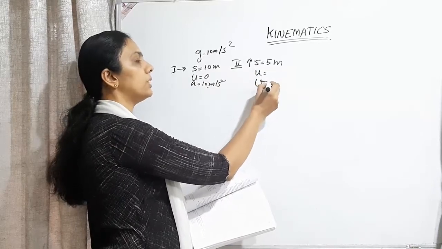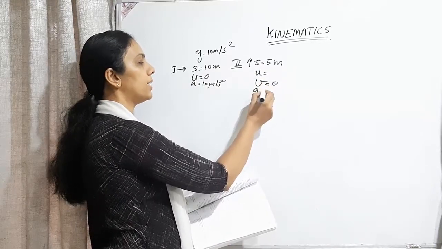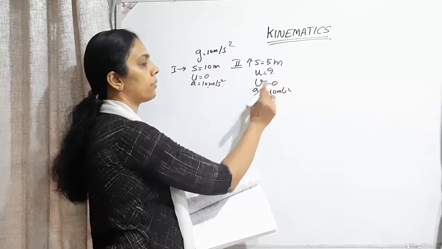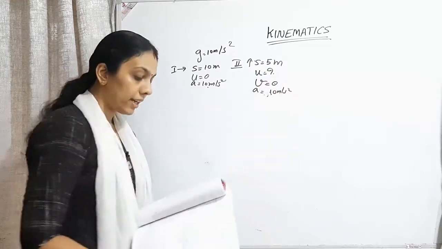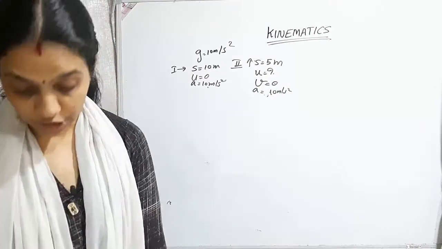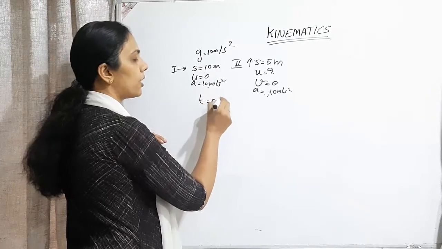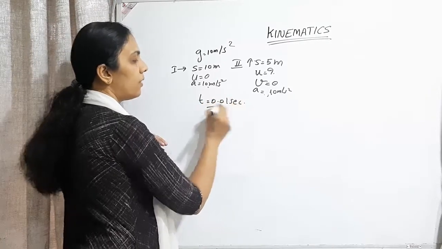And final velocity will be equal to 0. Acceleration you can consider as 10 meter per second square. Now we need to find out the average acceleration. Time for which it is in contact is 0.01 seconds.